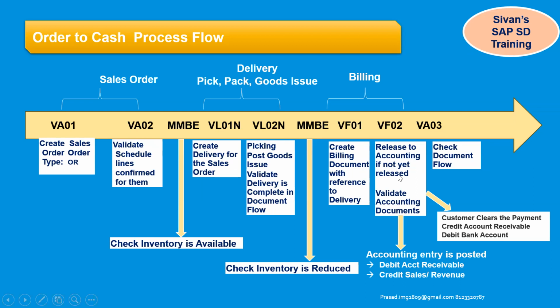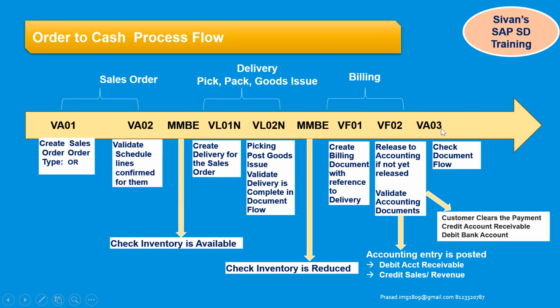Once it is released, the accounting entry is posted. The debit account is receivable, and the credit account, the sales account, is the revenue account. When the customer clears the payment, it credits account receivable and debits the bank account.